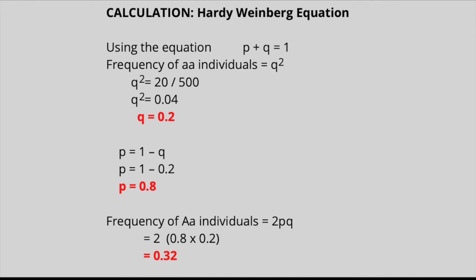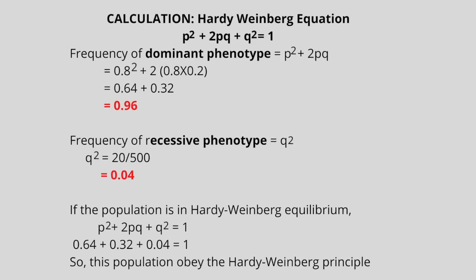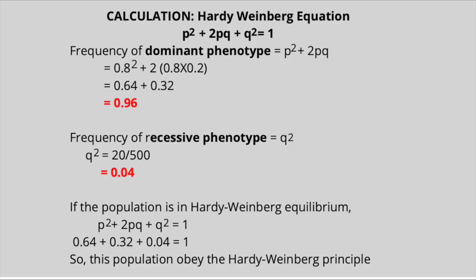To calculate the frequency of genotype and phenotype, we can use the equation p squared plus 2pq plus q squared equal to 1. The frequency of the dominant phenotype equals p squared plus 2pq. 0.8 squared plus 2 times 0.8 times 0.2 equal to 0.64 plus 0.32 equal to 0.96.